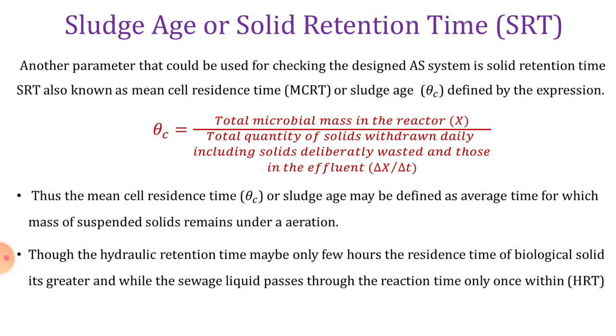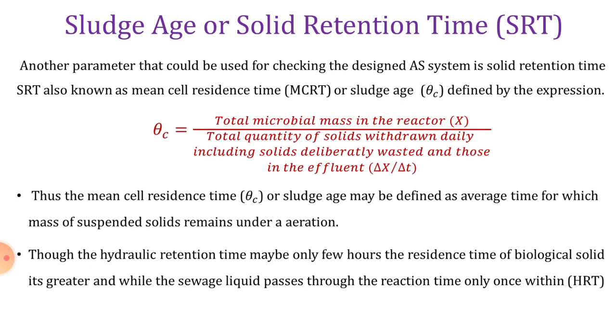Sludge age or the sludge retention time, which is denoted by SRT. Another parameter that could be used for checking the designed activated sludge system is solid retention time. It is also called the mean cell residence time, that is MCRT, or the sludge age.